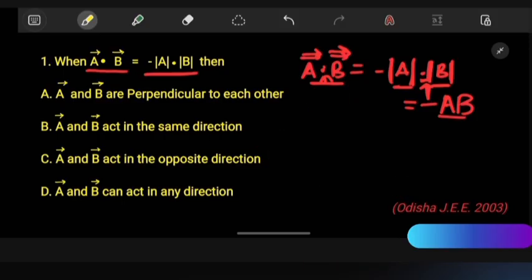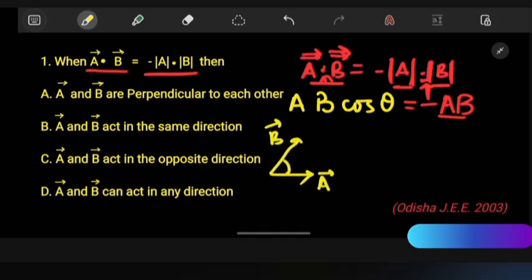Okay, so A dot B means, what is the formula of A vector dot B vector? We know A vector dot B vector means AB cos theta. If A is a vector, B is another vector, and the angle between them is theta, then A vector scalar dot product B vector is mod A into mod B into cos theta.